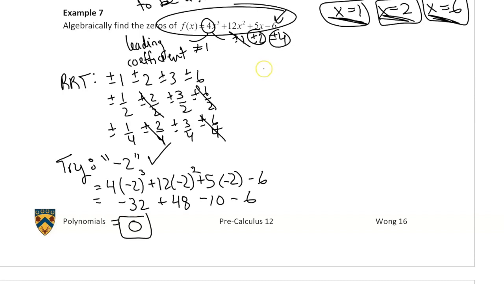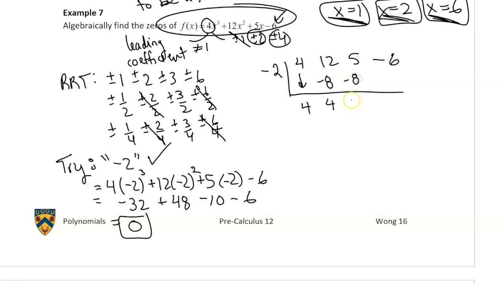So we take -2 here, and let's do our synthetic division with 4, 12, 5, and -6. So we know we want to get a remainder of 0 when we do this. And luckily we do. Okay, yes, that works.